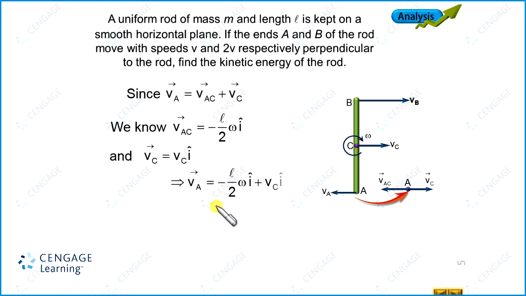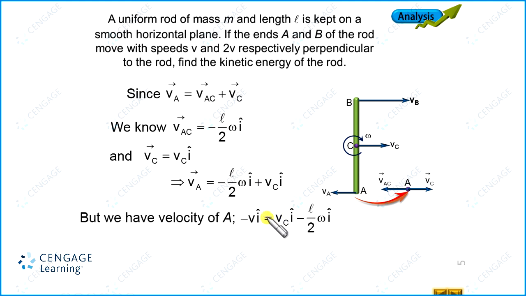In this way we get the velocity of end A, which is given as V vector in the negative x direction. So we can write minus V i cap equal to this value, right? Here we can ignore i cap, so we can write minus V equal to VC minus L by 2 multiplied by omega. Let us call this equation number 1.